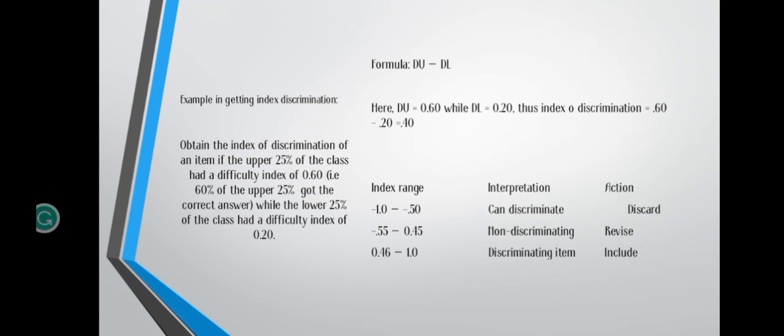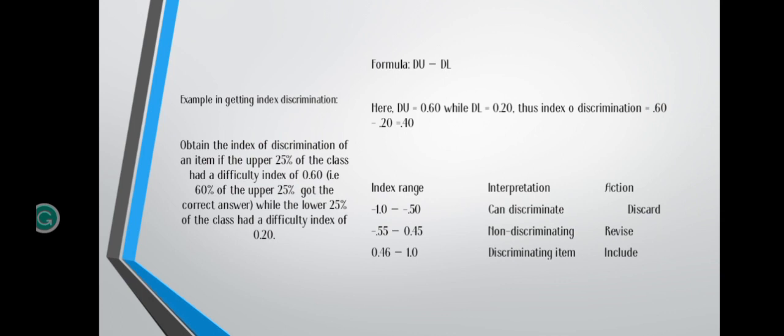Kasi ang sabi dito, kapag ang index of discrimination is magre-range siya from a negative 1.0, this means that all of the lower 25% of the students got the correct answer, while all of the upper 25% got the wrong answer. Ibig sabihin, lahat ng mga nasa lower 25% ng klase is sila yung nakakuha ng tamang sagot. Tapos yung mga nasa upper 25% is hindi sila nakakuha ng tamang sagot.